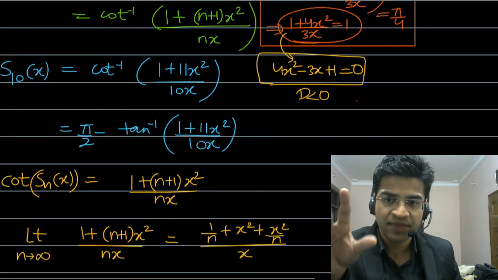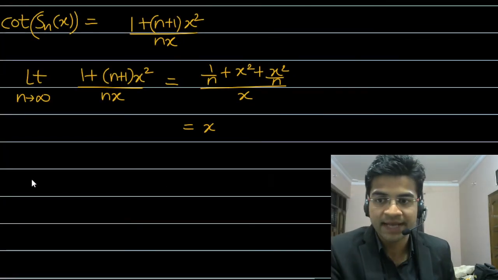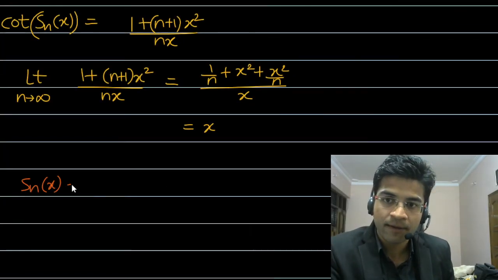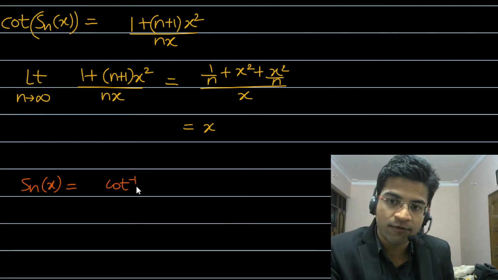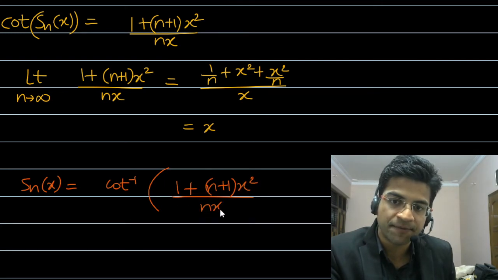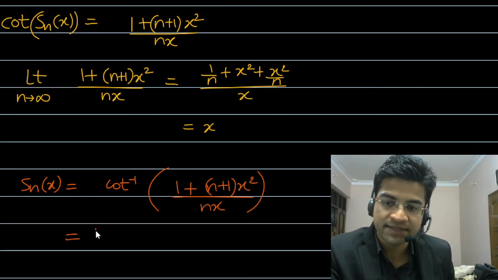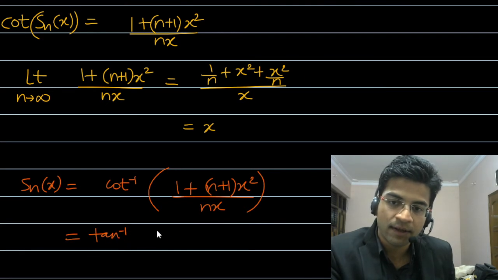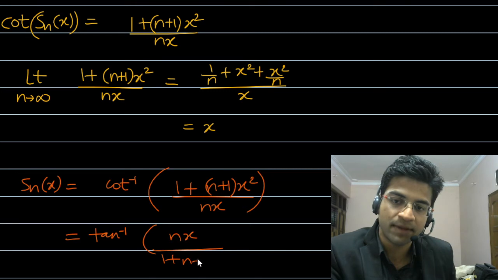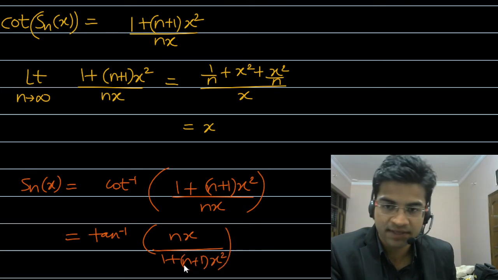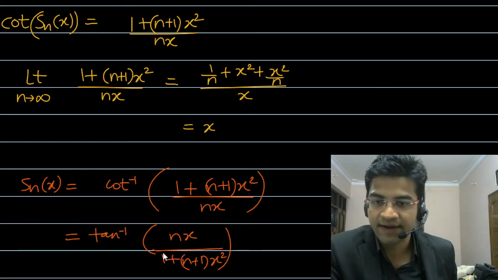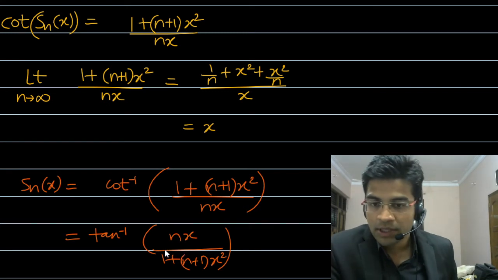See, if S_n(x) is cot inverse of (1 + (n+1)x²) upon nx, we can write it as tan inverse of nx upon (1 + (n+1)x²). Fine, we can write it in this particular manner.